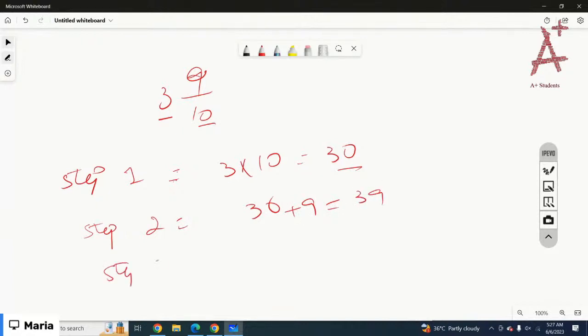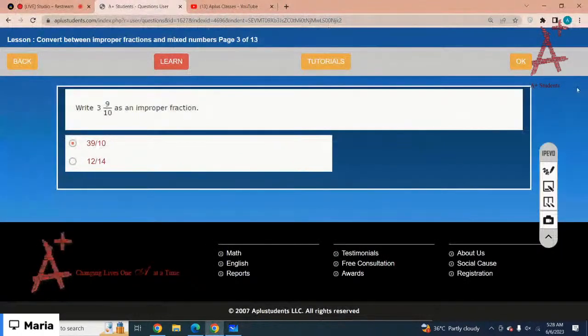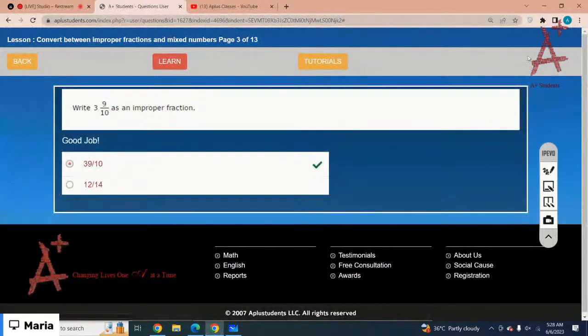And then step 3 is you have to write down the same fraction, so it would be 39 over 10. So the correct option is 39 over 10. That would be option number 1.